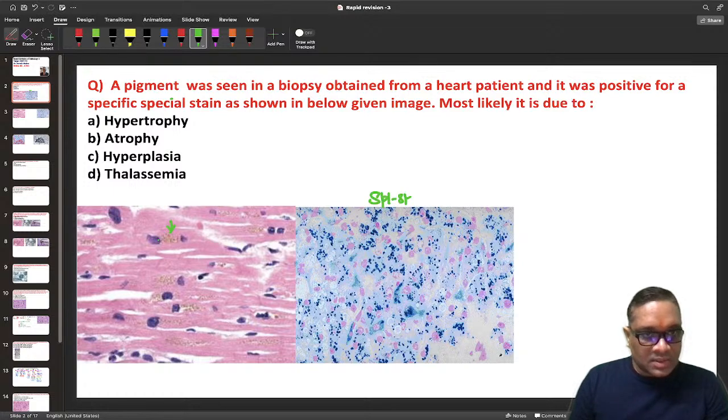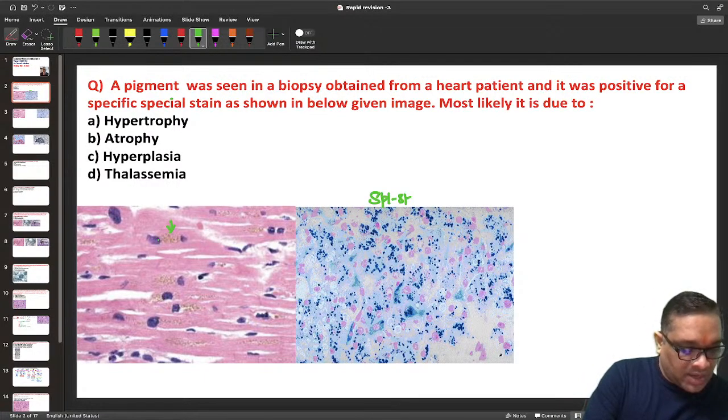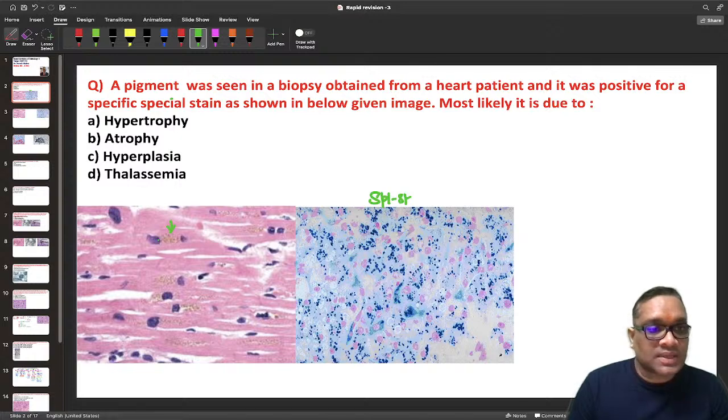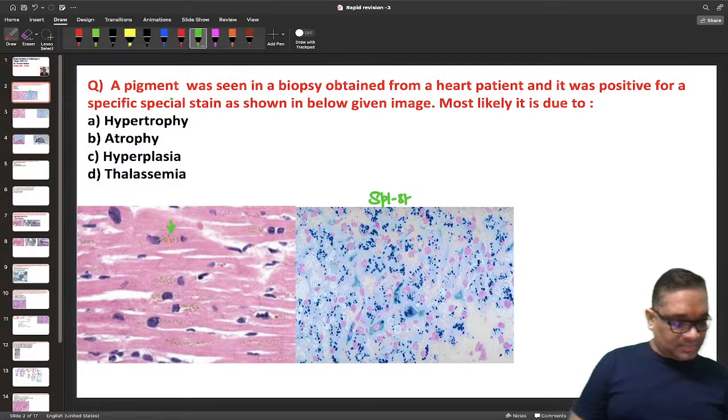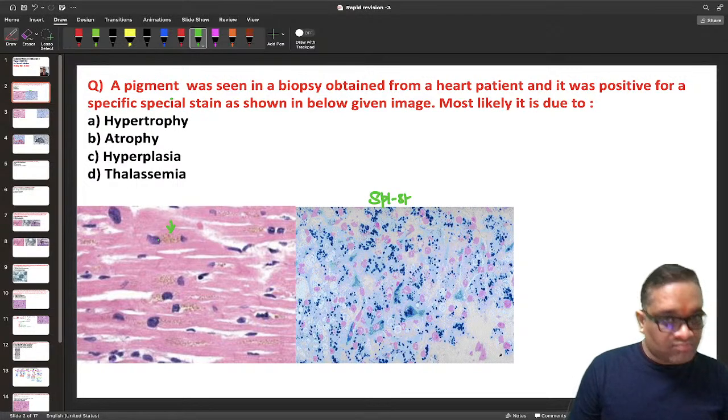Yes, very good. Try it. So first of all, you have to identify what is the pigment. It's not A. Not atrophy.